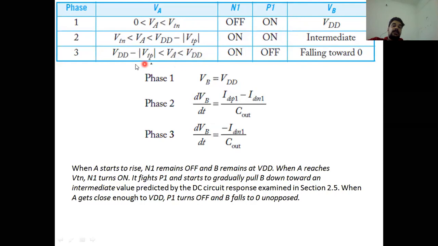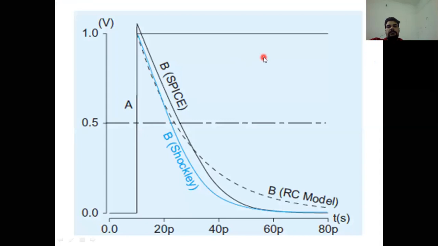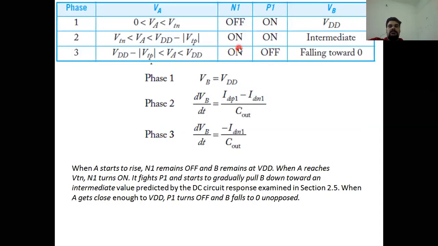Now, when VA is greater than VDD minus VTP but less than VDD, in that case your NMOS will be on and PMOS will be off. And when NMOS is on, the capacitor C out will start to discharge, and this is falling towards ground.